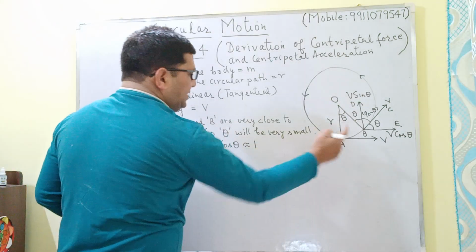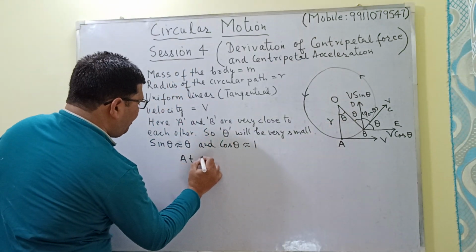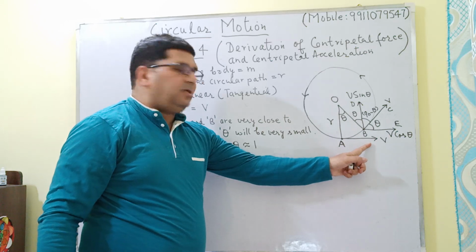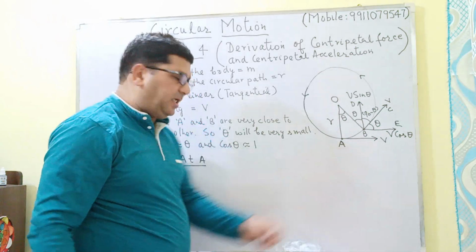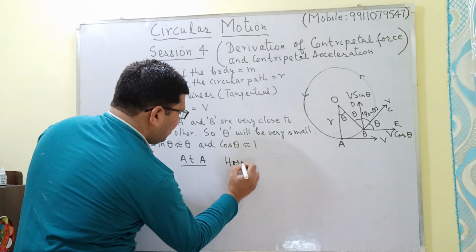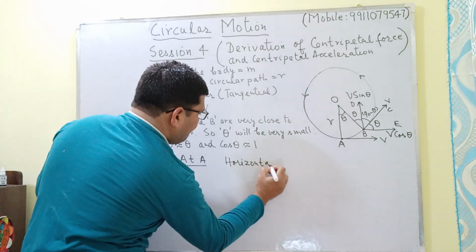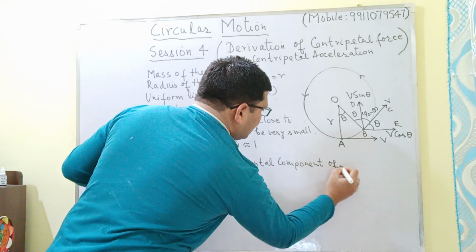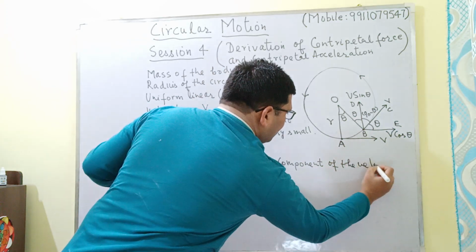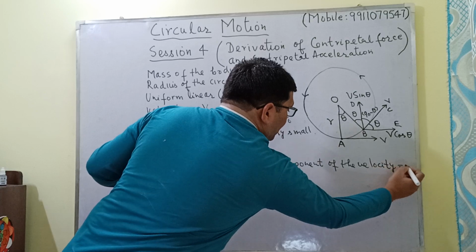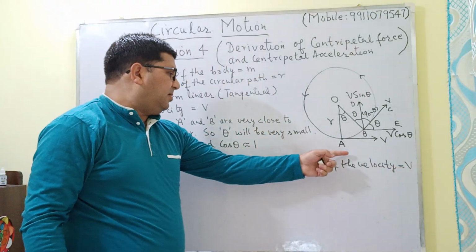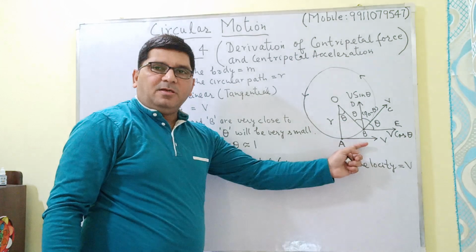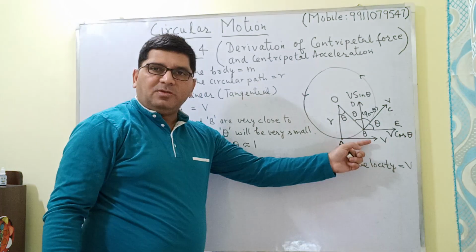Now consider this point A. At the point A, this body is having the horizontal component of the velocity, which is equal to v, and this is also the tangential, or you can say the linear velocity.